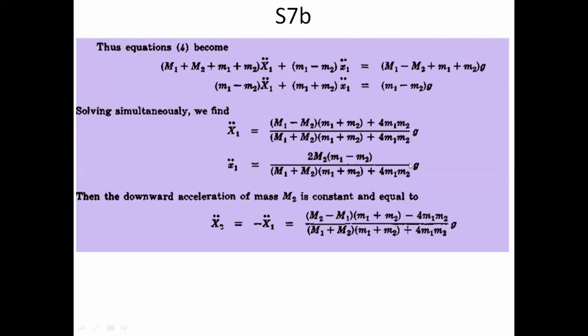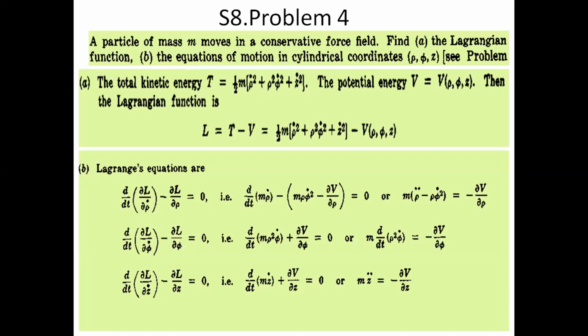I go to slide S8, where I solve problem 4 using cylindrical coordinates rho, phi, z. I write down the total kinetic energy. The only thing one needs to understand is the force field in which the particle is moving.